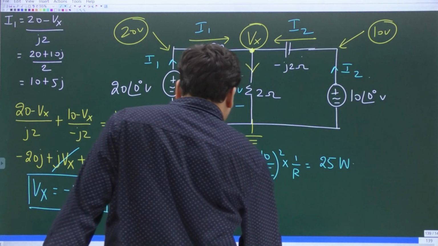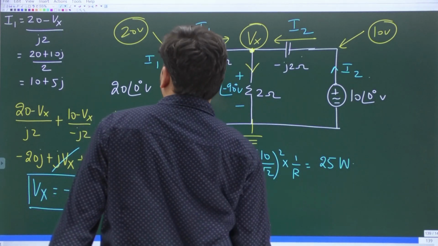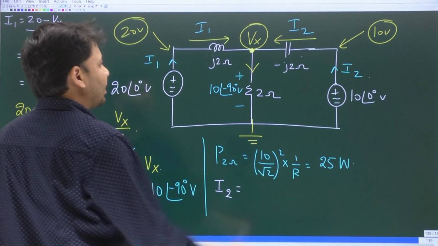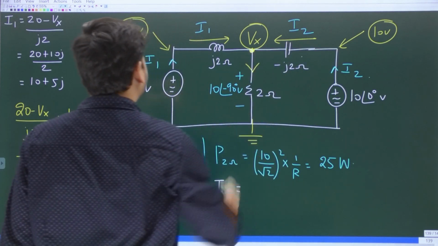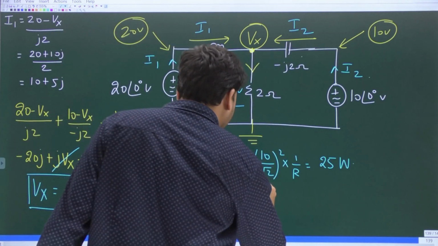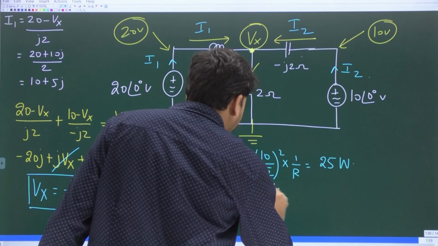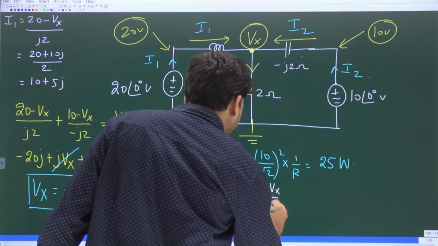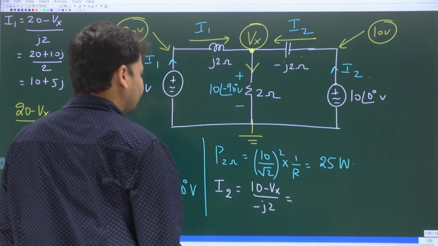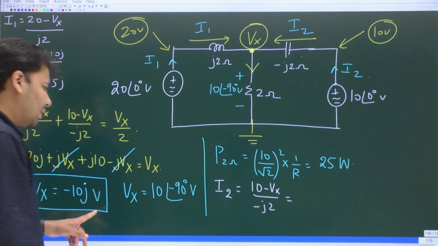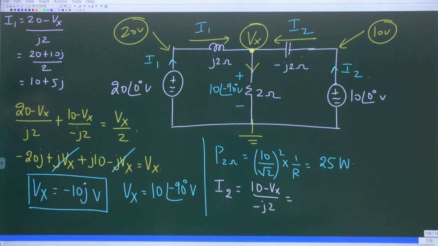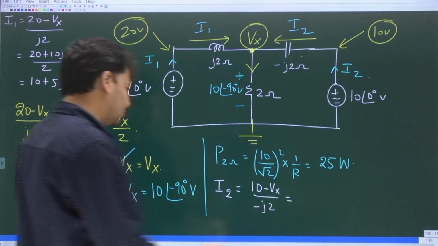In the same way, we can also find I2. I2 is 10 minus Vx by minus J2. Again, Vx is minus 10J, so 10 minus Vx would be 10 plus 10J.